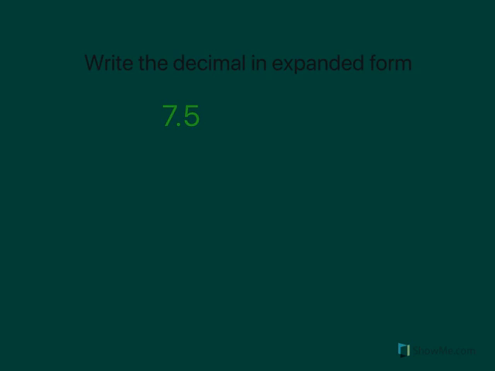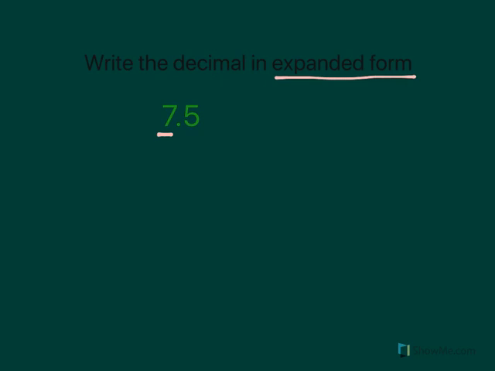Okay, write the decimal in expanded form. We have this number. First, I want you to read it in word form. So this would be 7 and 5/10. So I'm going to write it in expanded form. So I'm going to start with my first digit, which is the 7. It is in the ones place.